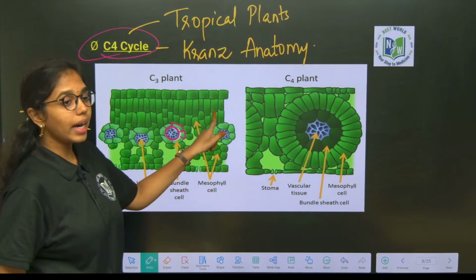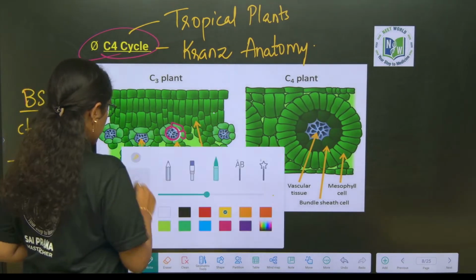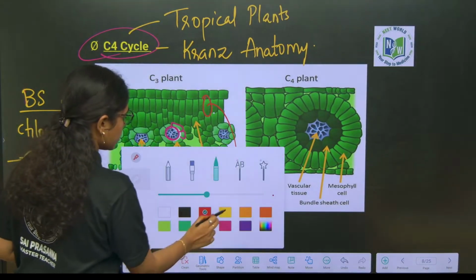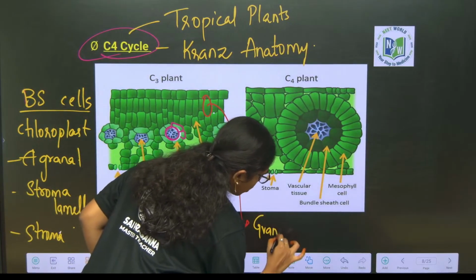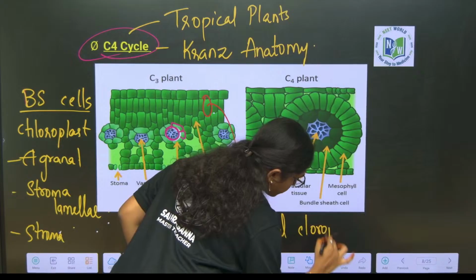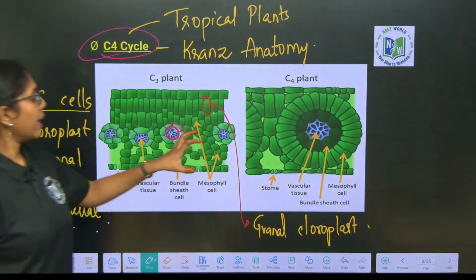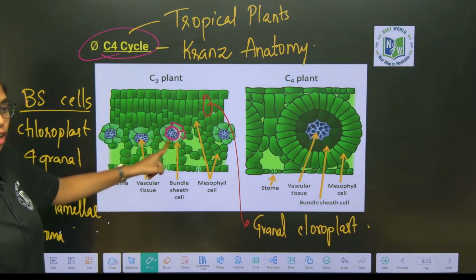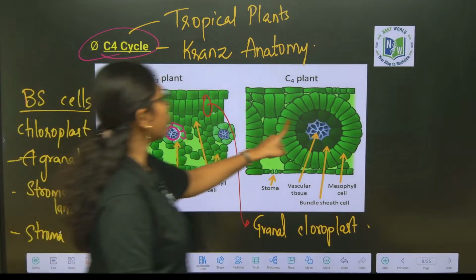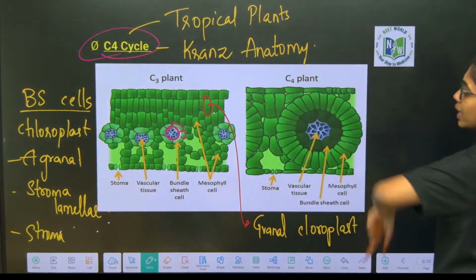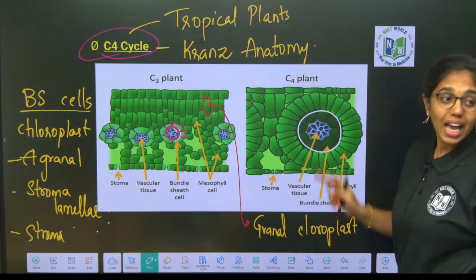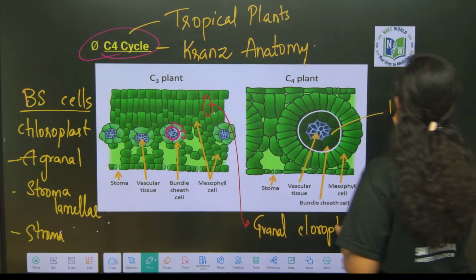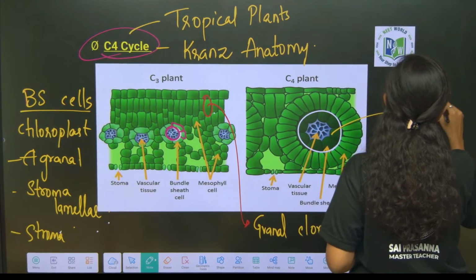Now in mesophyll cells, you have granal chloroplast. Listen carefully. This is C3 plants. Surrounding the vascular bundles, there is only a single layer of bundle sheath cells, yes or no? Whereas in C4 plants, 2 to 3 layers of bundle sheath cells are present, and there are no intercellular spaces in the bundle sheath cells.